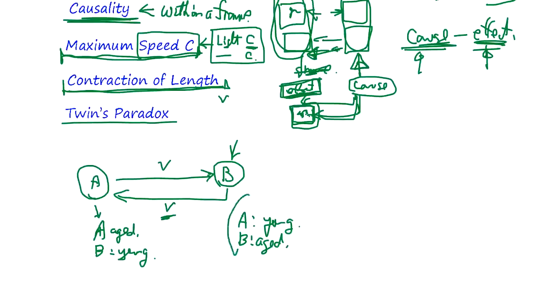That's what A sees, but B observes totally the opposite. How do you reconcile this? This is called the twins paradox.